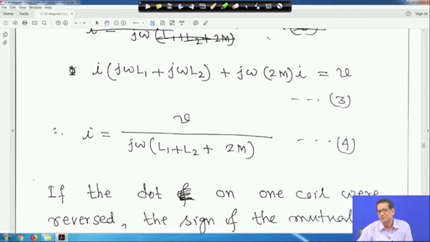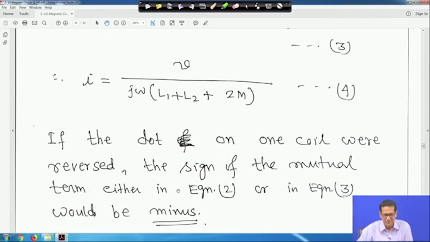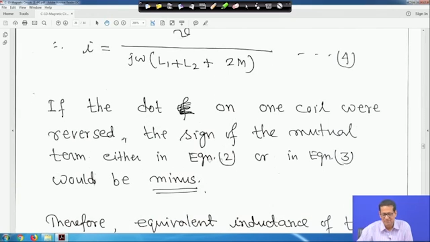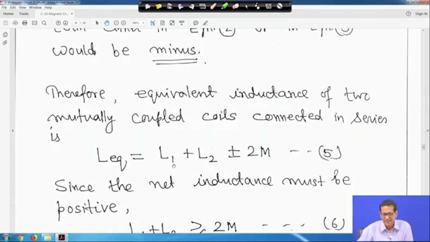This is the way we have taken it, and I have shown you how to take all versions. If the dot on one coil is reversed, the sign of the mutual term in either equation 2 or equation 3 will be minus. I explained everything to you. That means the equivalent inductance of two mutually coupled coils connected in series is L1 plus L2 plus or minus 2M.